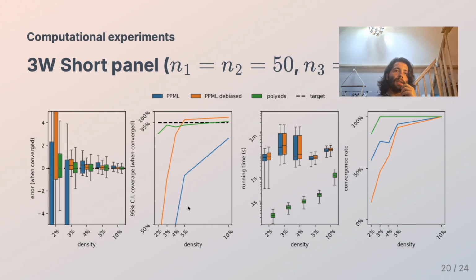And what we see is that at very, very low densities, PPML and PPML debias both tend not to have a nice coverage and also not to converge. Meanwhile, our method behaves much better even at sparser graphs. Of course, as the graphs get denser, all methods start to be more or less comparable. Mainly the PPML debias is quite interesting in this case.